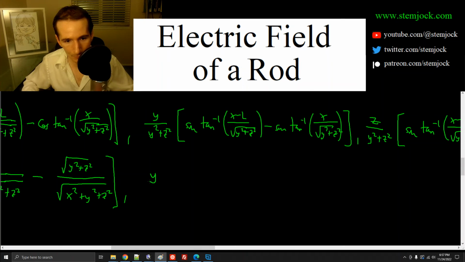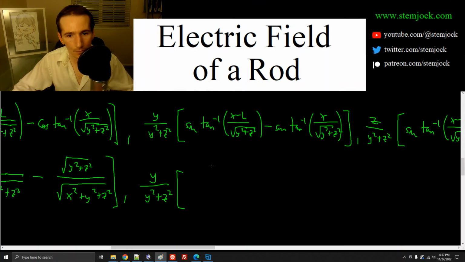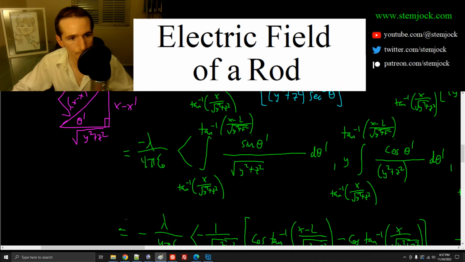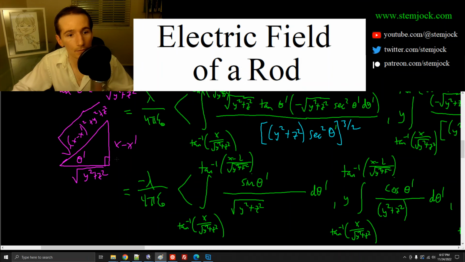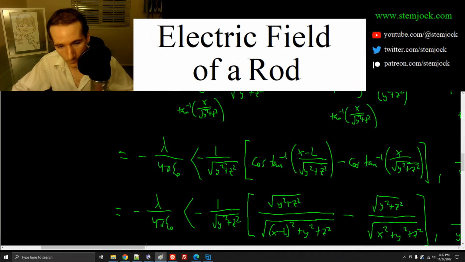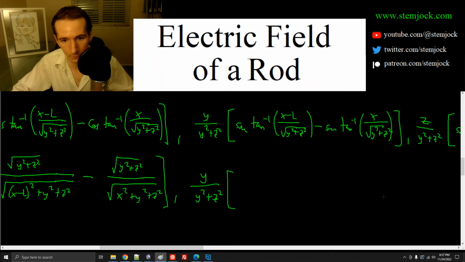The second component is going to be y over y squared plus z squared. Now I have to take the sine of the angle. If I look back at my right triangle, the sine is going to be the opposite, so x minus x prime, over the hypotenuse. So it's going to be x minus either L or 0.